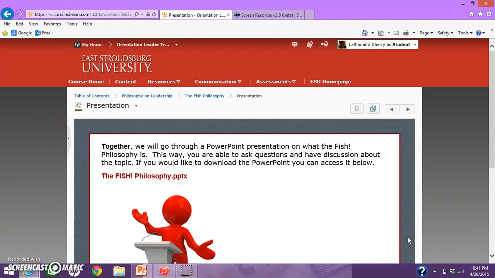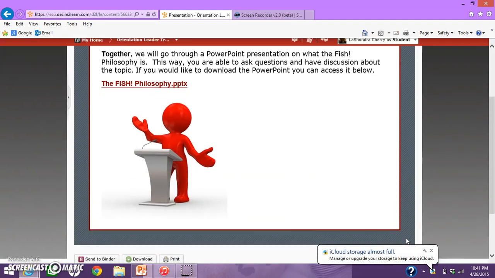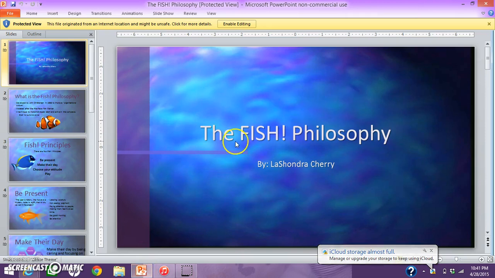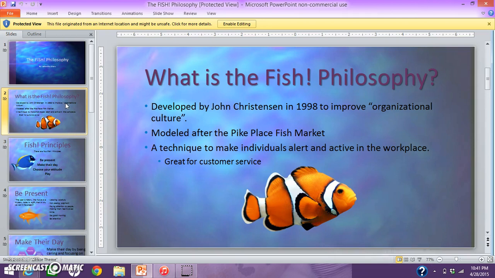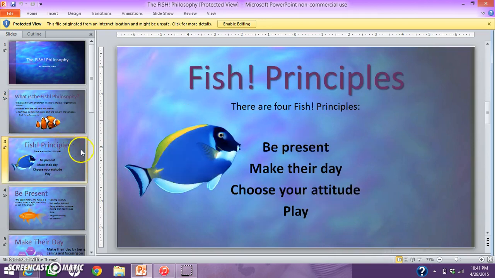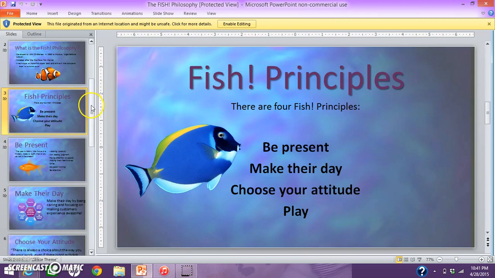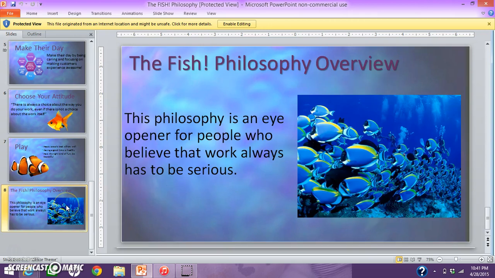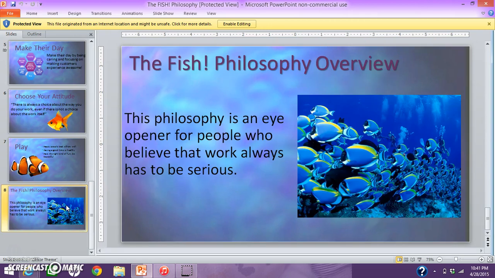And it brings you to a PowerPoint presentation on the fish philosophy. I do have the PowerPoint presentation ready. And it basically goes through what the fish philosophy is, the 4 principles of the fish philosophy, and what they all mean, and then a conclusion, which is basically that the fish philosophy is an eye-opener for people who always believe that work has to be serious.